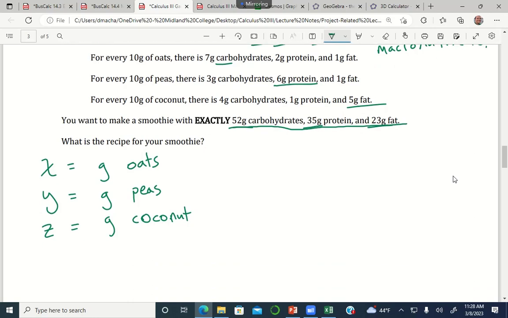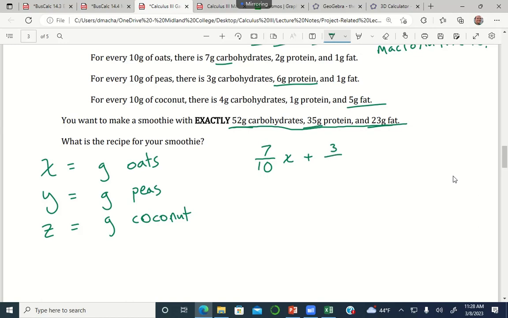But setting this up, I know for every 10 grams of oats, there's 7 carbohydrates. And so if I write 7 over 10 x, this represents the carbohydrates that I'm getting from the oats. Then I know for every 10 grams of peas, I get 3 carbohydrates.